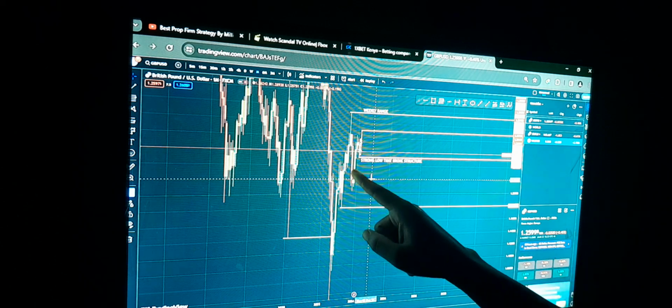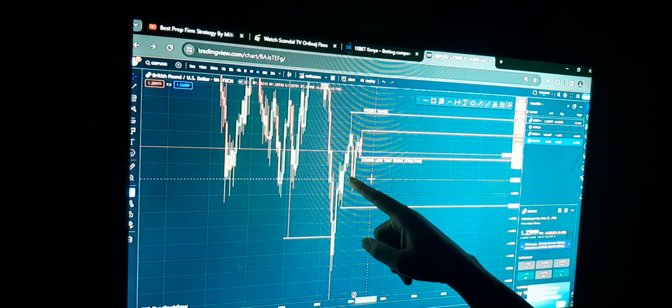So the only reason I know that I'm going to be selling this way is if it's targeting this monthly imbalance right here, or what my friend Marsh usually says is the order block. He looks at it like this. He calls this the order block, that space between there and there.